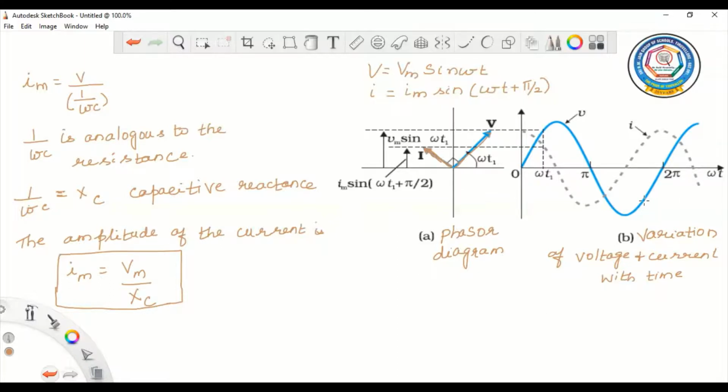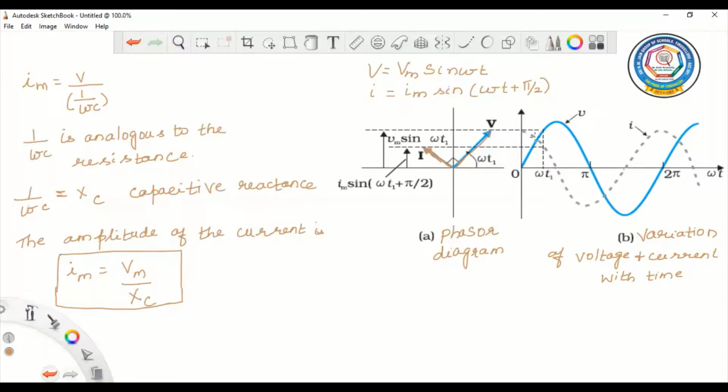You can see here, children, this dotted line is the current. The current reaches the maximum value here, again 0, here maximum in the reverse direction, again 0, and again maximum.